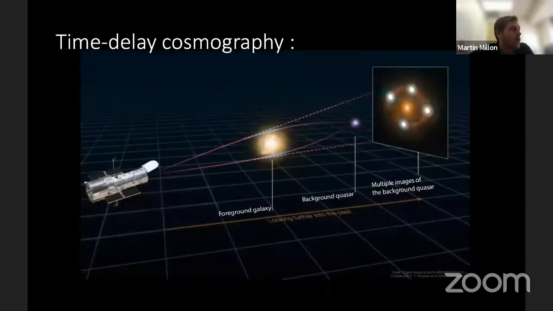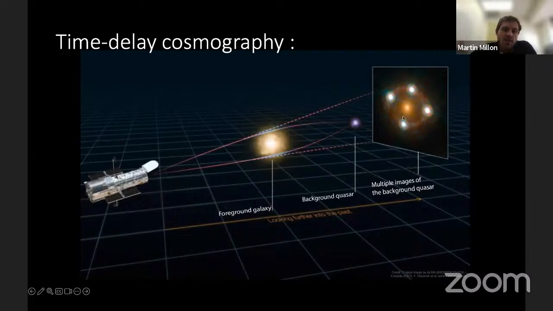So how does that work? We're using strongly lensed quasars. You have a quasar in the background, which is multiply imaged by a foreground galaxy. The mass of the foreground galaxy deviates the light, and it forms these beautiful 2 or 4 multiple mirage images of the same object in the background.